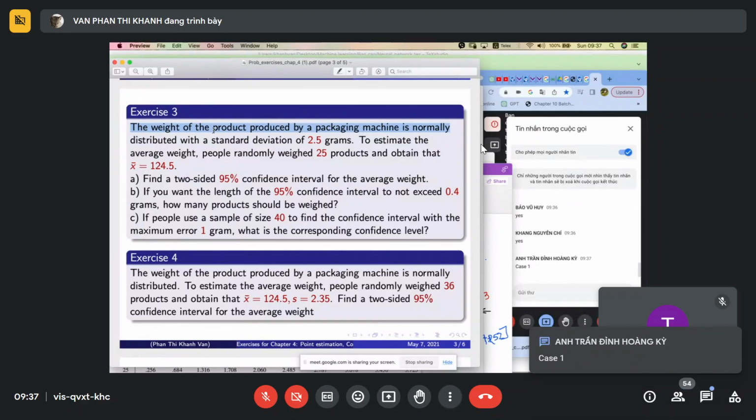Yes, case 1. That's right. Because when you see the normal distribution, it means case 1 or 2. Sigma here is given, so it's case 1.